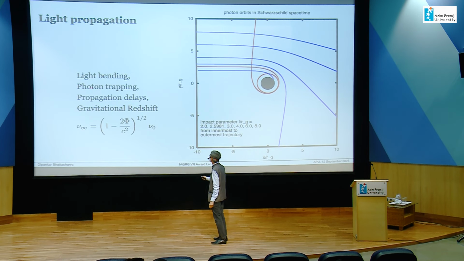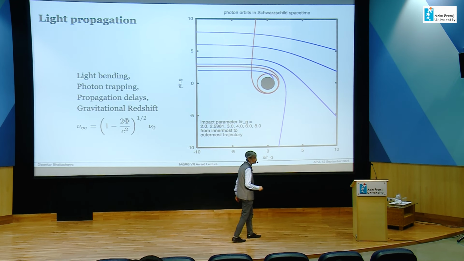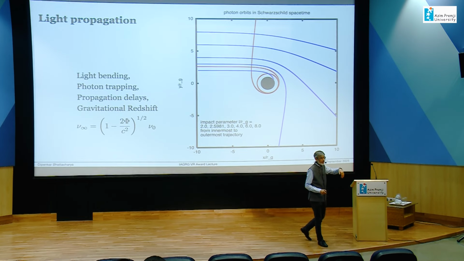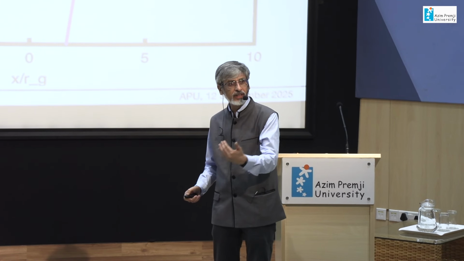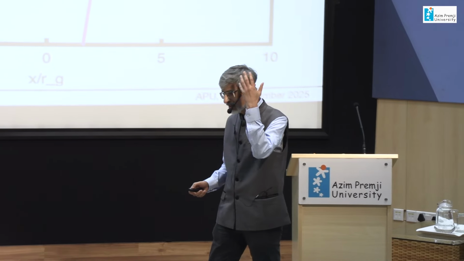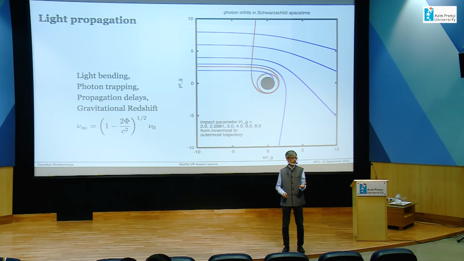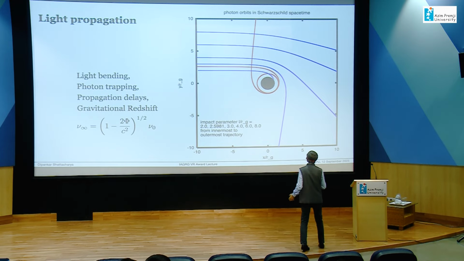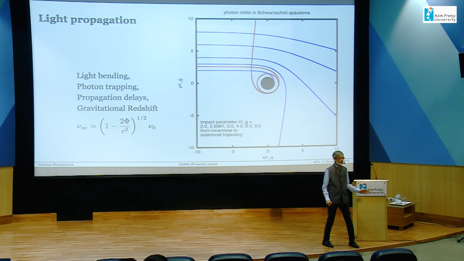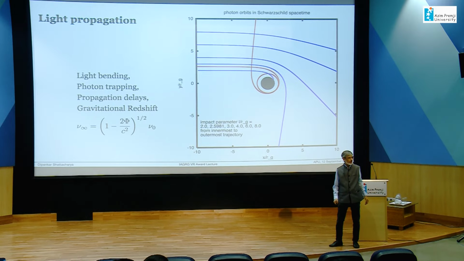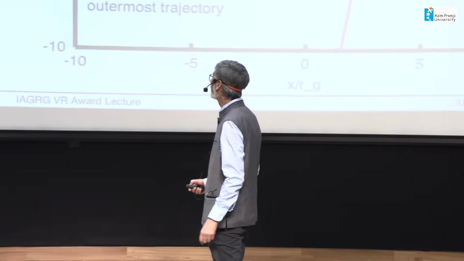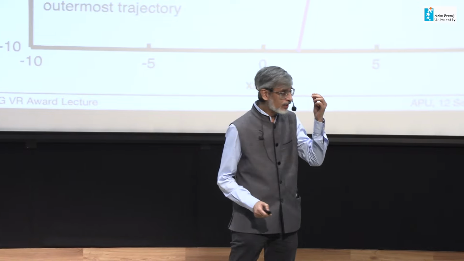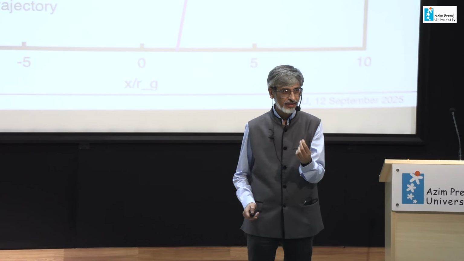You have light bending, you have photon trapping, and once you have these bent light trajectories and light moving through, it experiences strong gravity regions where, because of gravity, clocks slow down. So you get delays, both because light has taken a longer path and also because it has traversed regions where clocks slow down. So those are propagation delays, and the wavelength of light is going to change.